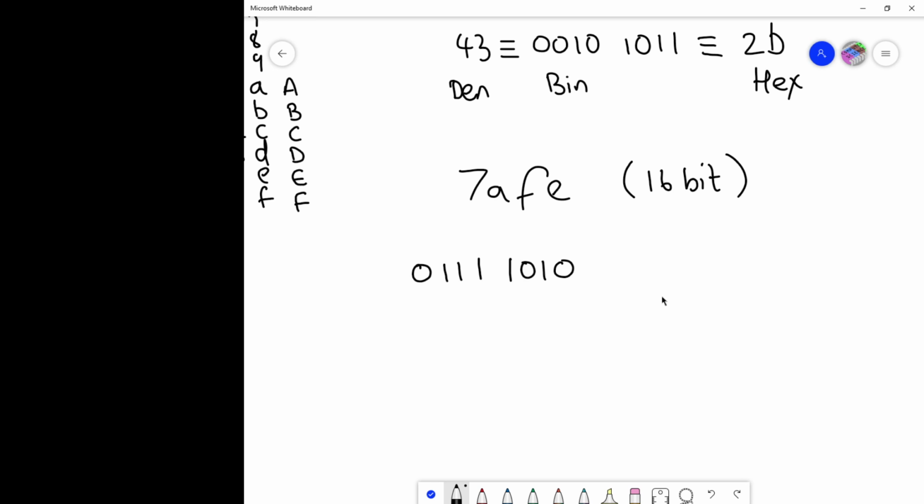What's F? F is the easiest number to write down in hex. All the ones. 15. And then E is 14. So going from hex to binary is incredibly trivial. And going from binary to hex is incredibly trivial because the numbers you're dealing with are small. Even I can add up 8s, 4s, 2s and 1s without messing it up, generally.